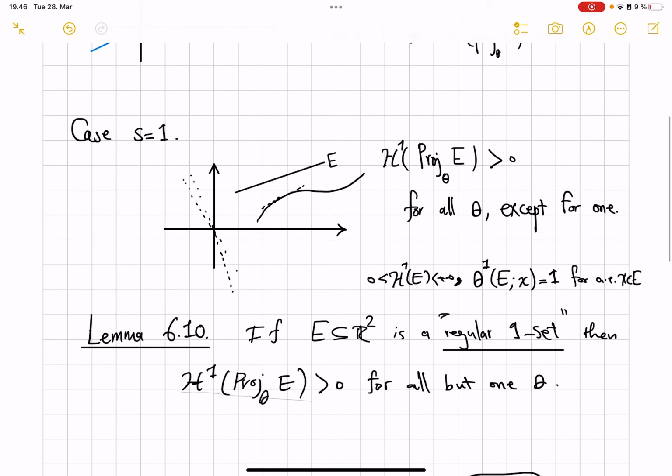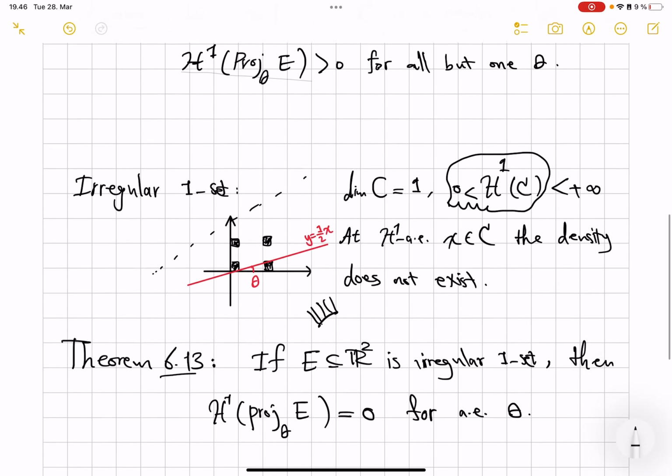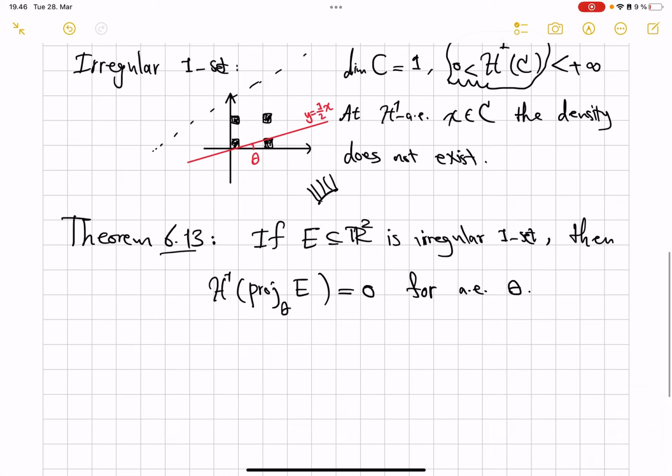If your set is regular, then the projections will have positive measure as expected. But if it is irregular, then you never capture the set from its projection. It's an object that you cannot see through X-rays. If you take X-ray images from a million locations, you still do not see the set.